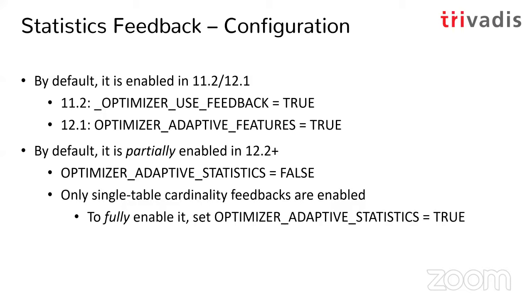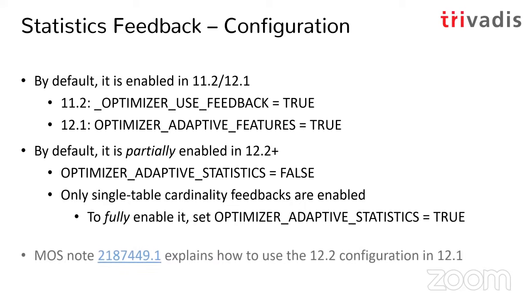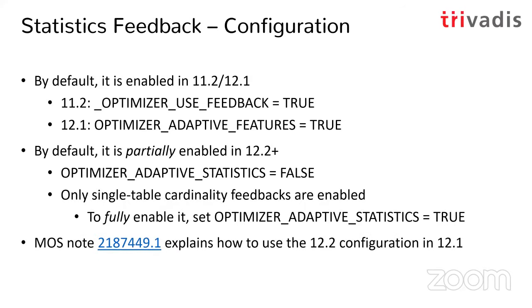So if you want to completely activate the feature in 12.2 plus, you have to set optimizer adaptive statistics to true. It's a bit strange how the configuration is done, but it's the way it is. And by the way, this is a link to the My Oracle Support note that explains how to backport the 12.2 configuration to 12.1 in case you want to do it.